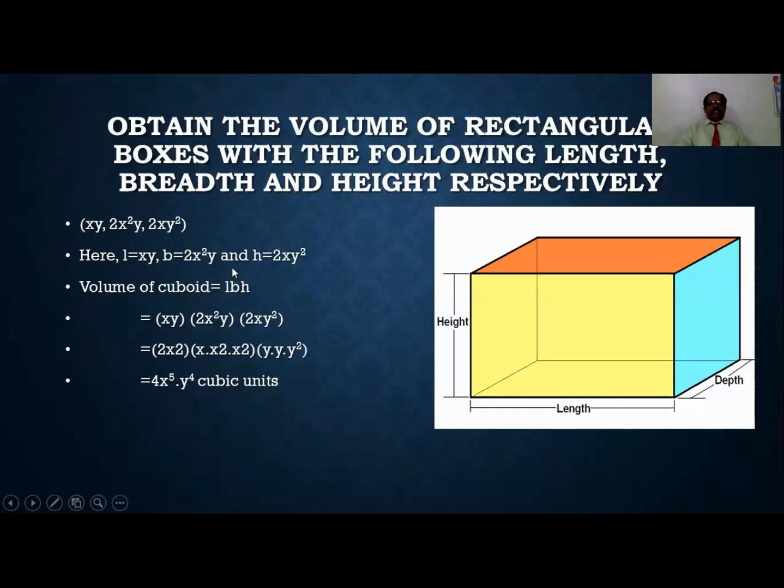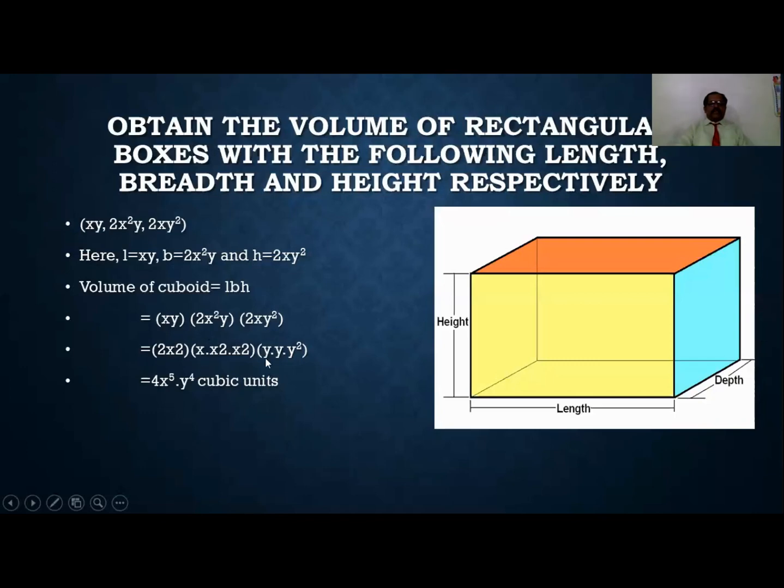So considering this as the dimensions of a cuboid box, we can find the volume of the cuboid. By formula we have the volume of a cuboid as the product of L, B and H, that is nothing but the product of the three given monomials. So xy into 2x square y into 2xy square will give us. Here we have the constant term, the coefficients are 2 and 2 only, so take the coefficients together, that is 2 into 2.